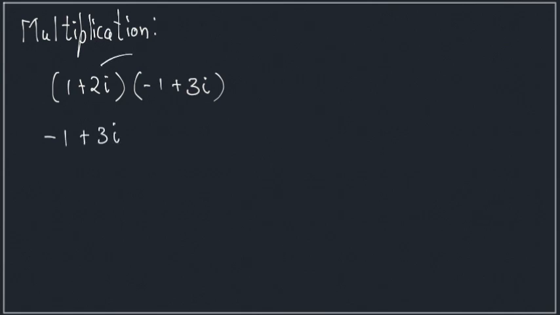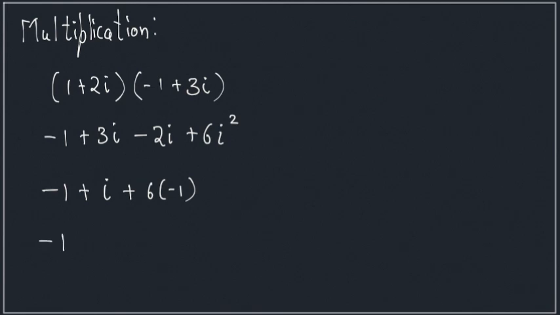We need to also multiply 2i to negative 1 and 3i, which will give us negative 2i plus 6i squared. Let's combine the like terms together. Negative 1 is written as such. 3i and negative 2i can be combined together and written as i. 6i squared can be rewritten as 6 times negative 1. This will give us negative 1 plus i minus 6. Negative 1 and negative 6 will give us negative 7 plus i.